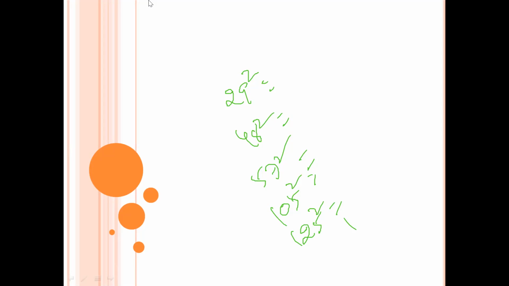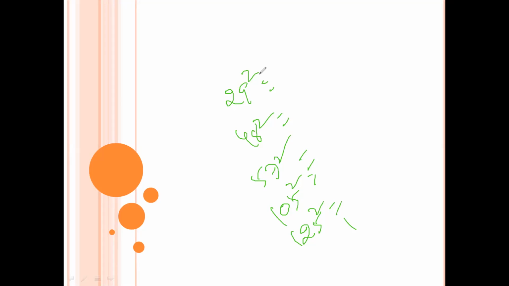48 square is 2304. All of you, if I give, correct answers. 57 square is 3249. Very good, ma'am.